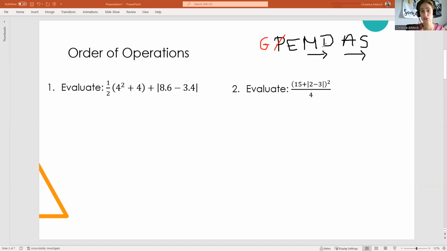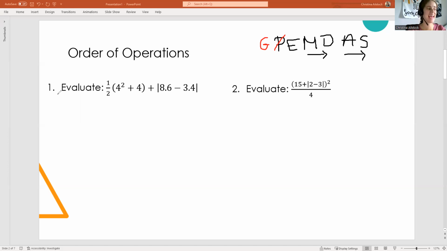But you'll see in the two examples that we have here, there will also be grouping symbols of absolute value and a grouping symbol of a fraction bar. So really it's GEMDAS, or if you just want to remember that the parentheses really means grouping symbol, that's more accurate because it's any group of things together. All right, off my little soapbox there about the G over the P.